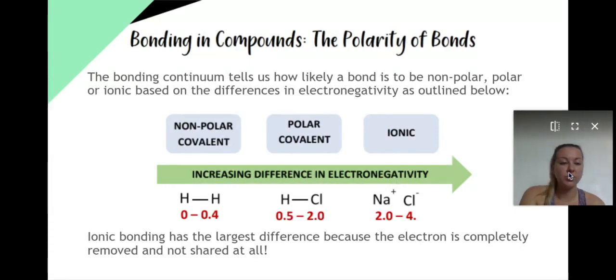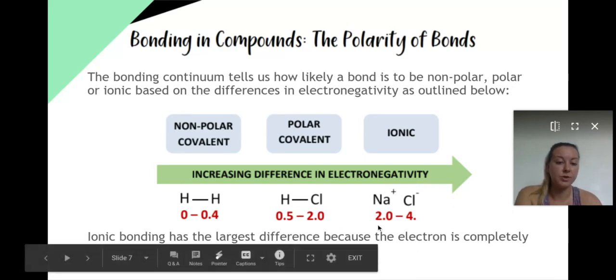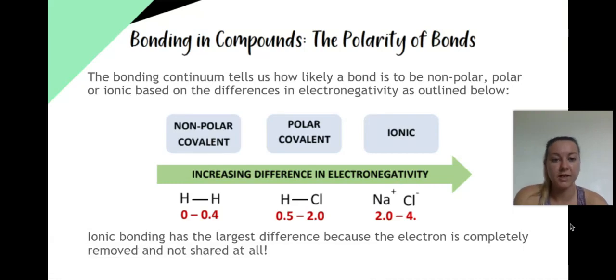Anything higher than 2 is not going to be a covalent bond, because the electronegativity difference is so strong that in this example between sodium and chlorine, the chlorine will completely remove an electron from sodium, as you know. That's how an ionic bond is formed. It has the largest difference because that electron is completely removed.